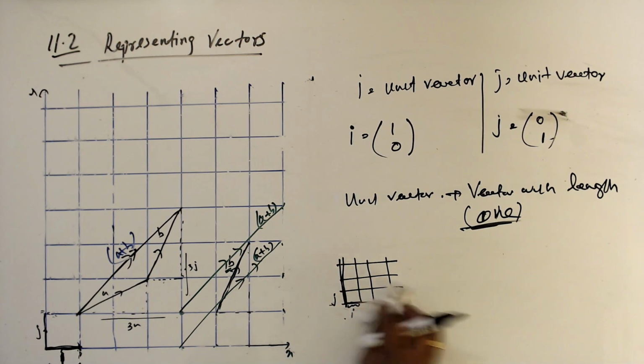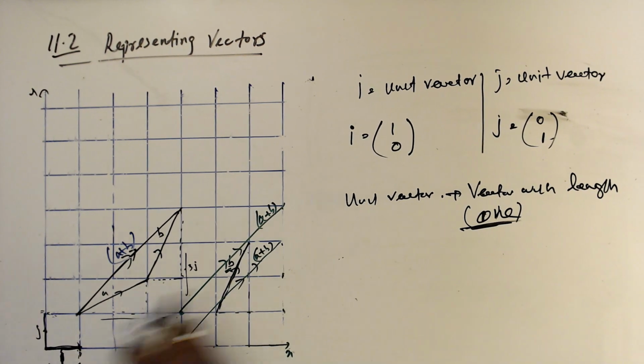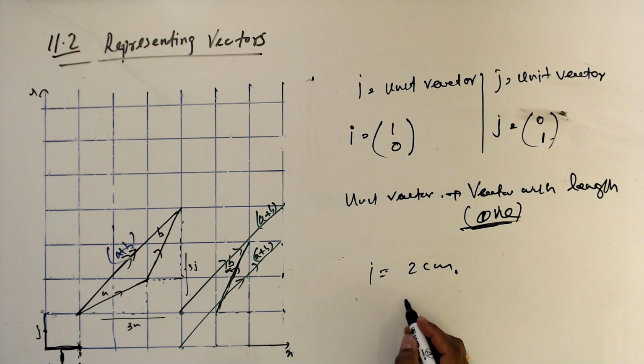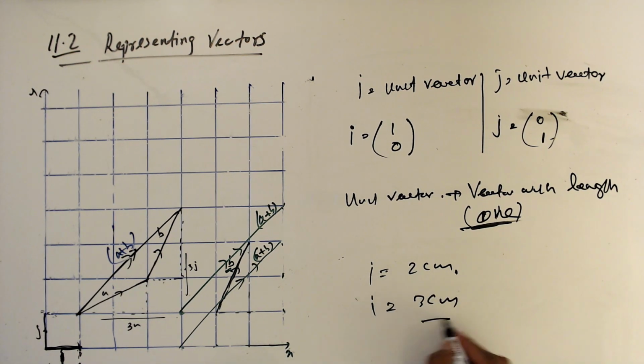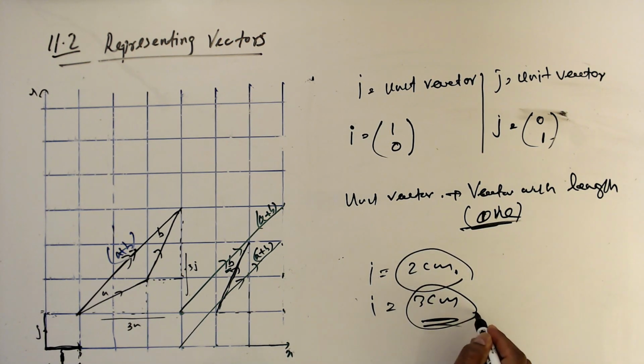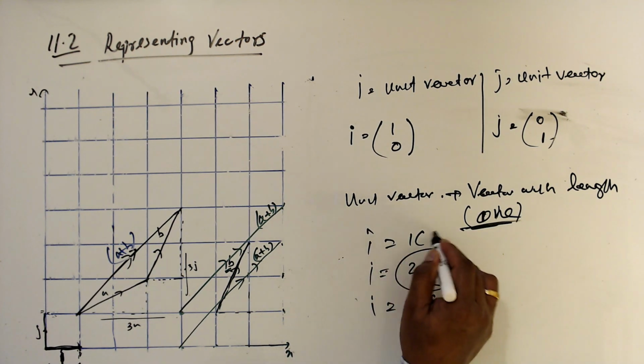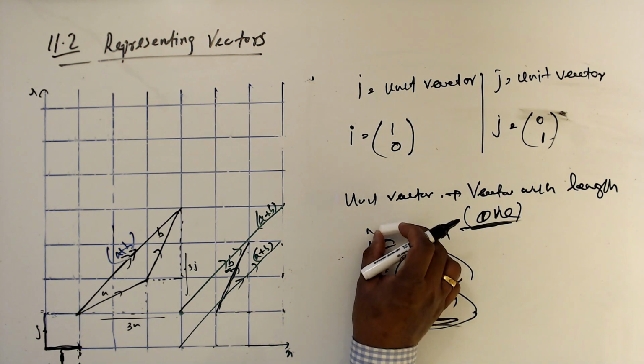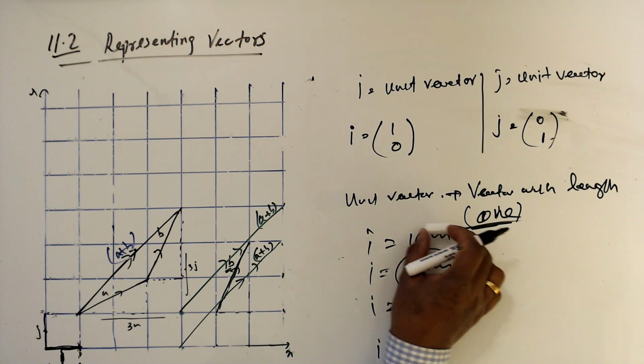In other words, if you select i as 2 centimeters, you can't use i as 3 centimeters, so you have to stay consistent. It could be 1, 2 or 3 centimeters, or sometimes not centimeters or meters, just distances 1 2 3 like that.